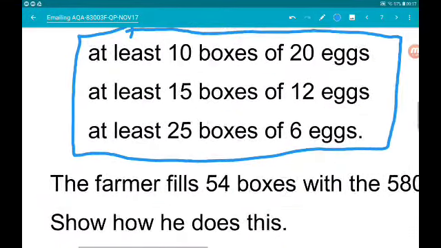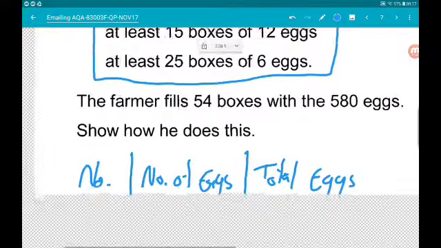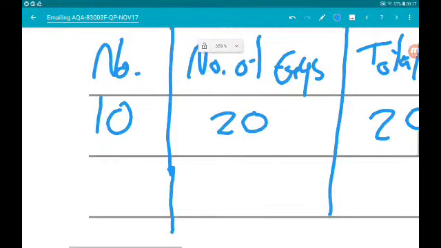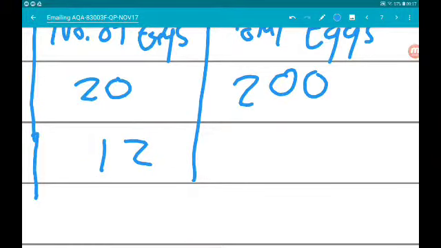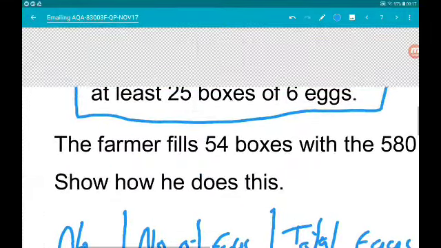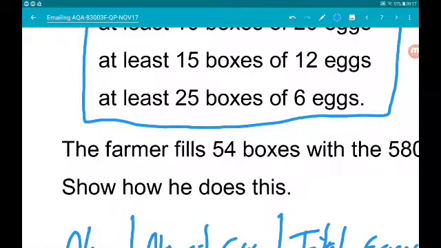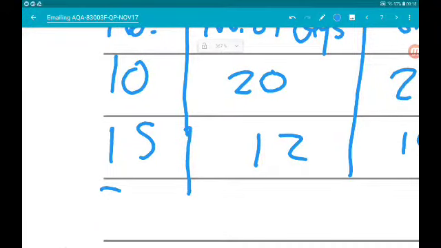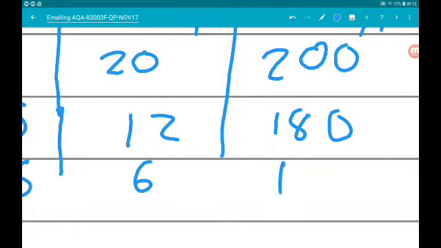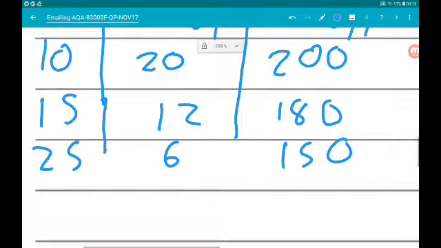Now he wants at least 15 boxes of 12 eggs, so 15 boxes of 12 eggs, 15 times 12 is 180, and then he wants at least 25 boxes of 6 eggs. So 25 times 6 is 150.